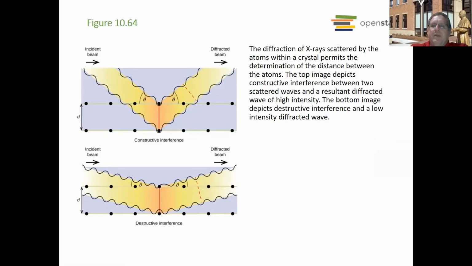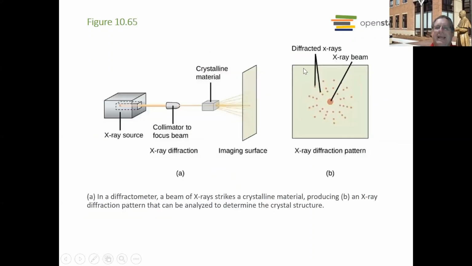X-ray diffraction is one of the most important methods of determining the structure of a solid. What happens is that as the beam comes in, it is going to bounce off the atoms and is going to be reflected, and it's going to give an interference pattern. And by calculating back that interference pattern, we can determine the exact arrangement of the atoms.